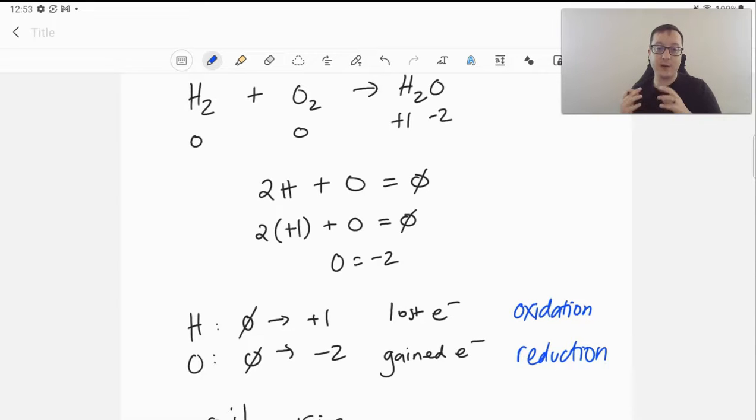And so if oxygen is taking the electrons away from hydrogen, hydrogen is being oxidized, and we can therefore call oxygen, the thing that is doing the oxidizing, the thing that is taking the electrons, the oxidizing agent.